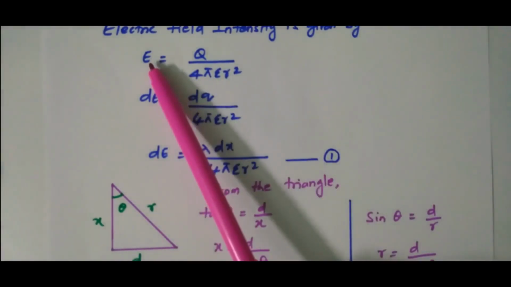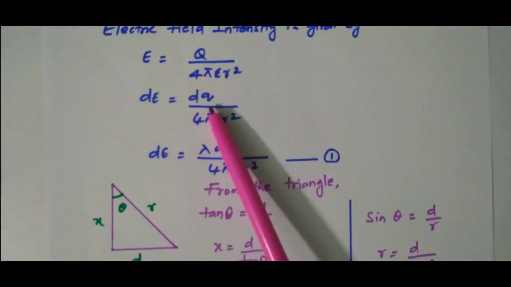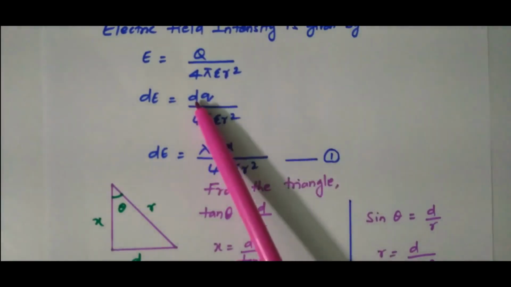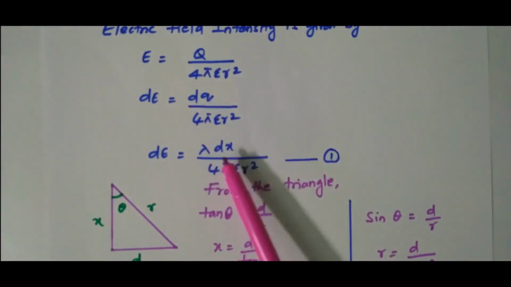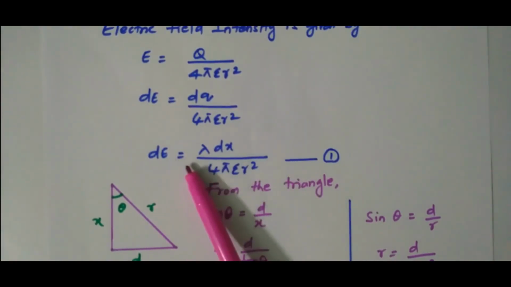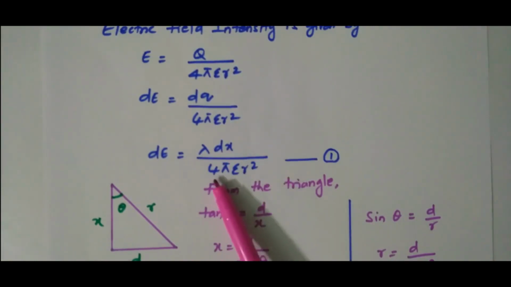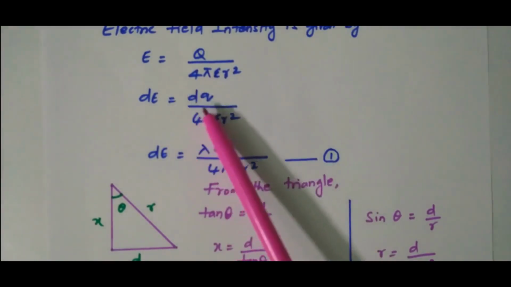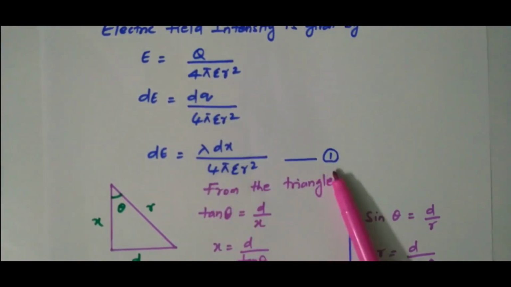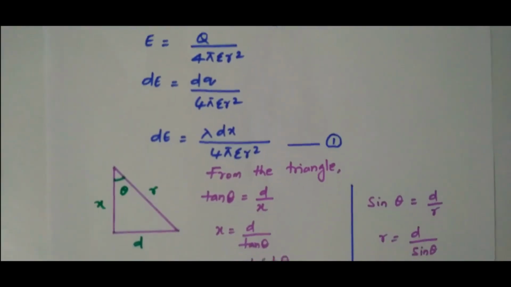So E becomes dE, Q becomes dq, divided by 4 pi epsilon R square. But dq is given as lambda into dx in terms of linear charge density. So dE equal to lambda dx divided by 4 pi epsilon R square. After substituting these values, we got this value. Take this as equation number 1.